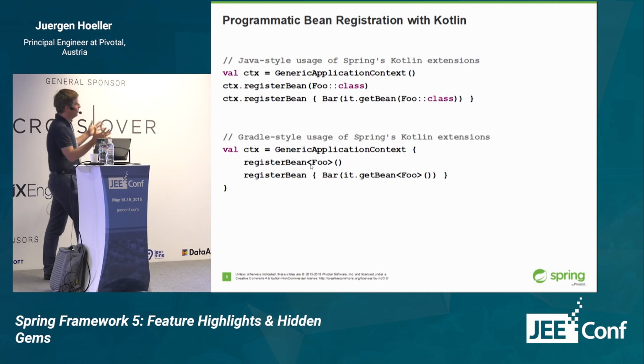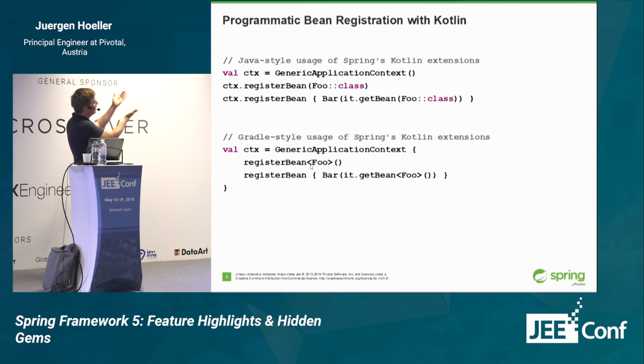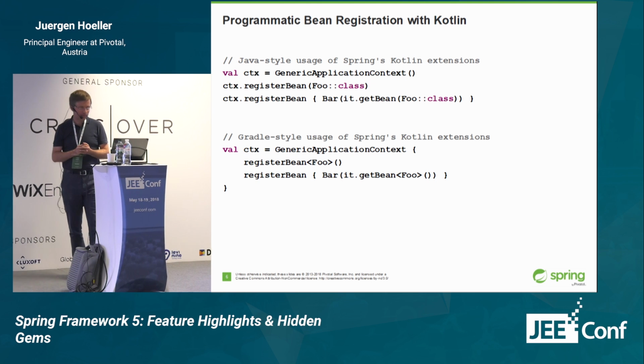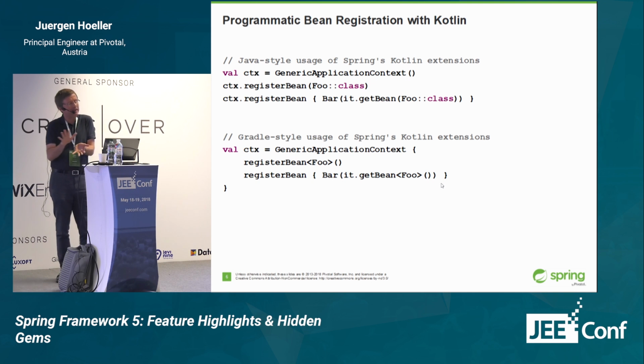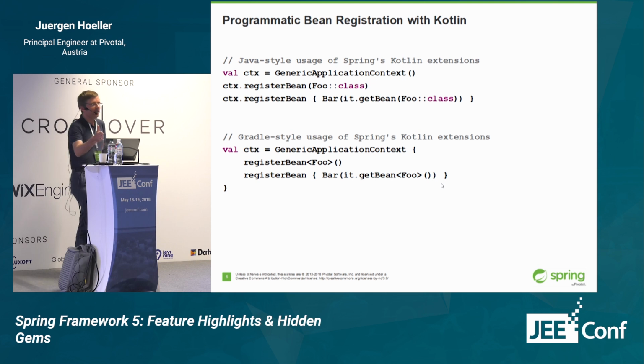Our Kotlin extensions are basically just a set of methods that allow you to use Kotlin in these ways. Personally, I'm trained in the Java mindset, so I find this still quite nice, the Java style. But of course, this is quite nice if you want a more DSL-like experience. And it even goes a little bit further.